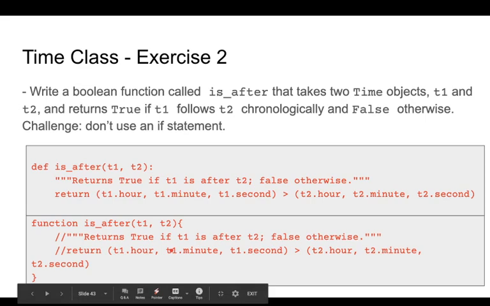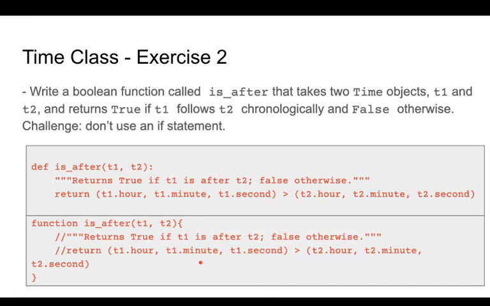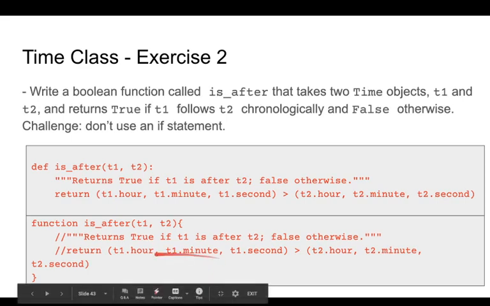It would be probably if t1.hour is greater than t2.hour, return true, and then minutes, and then seconds. You've got to check the hours first, then minutes, then seconds. So for the JavaScript class, you may want to write out this function given 2 time objects. It's simple enough.